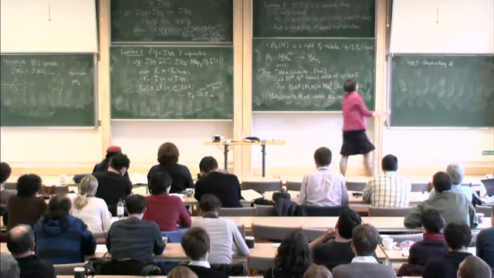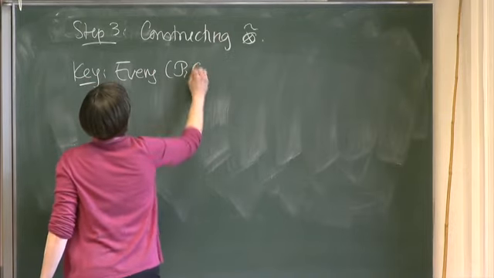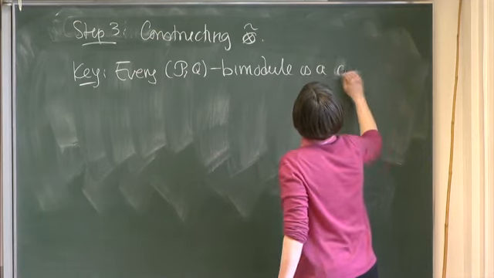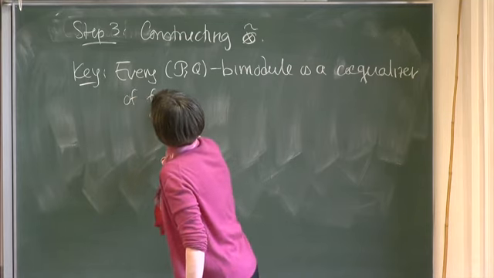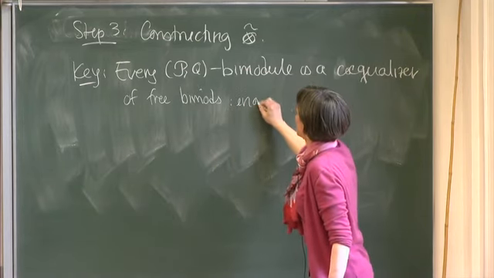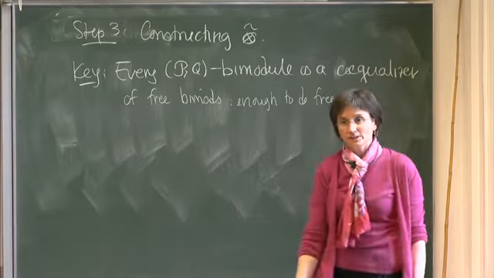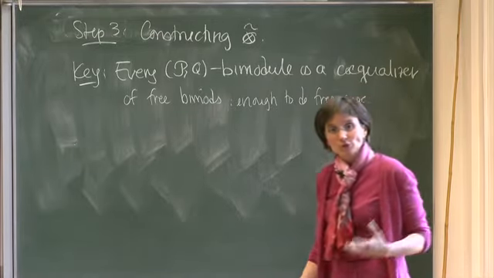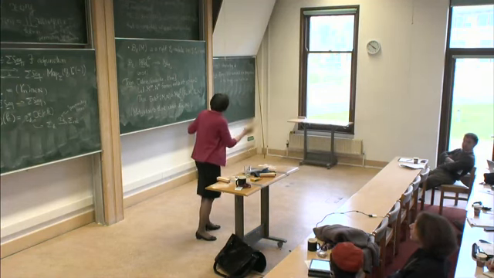So, key: every PQ bimodule is a co-equalizer of free bimodules. So it's enough to do the free case. Okay, that's a shortcut. There's a little bit of work to do to show that that's really enough, but it really is.